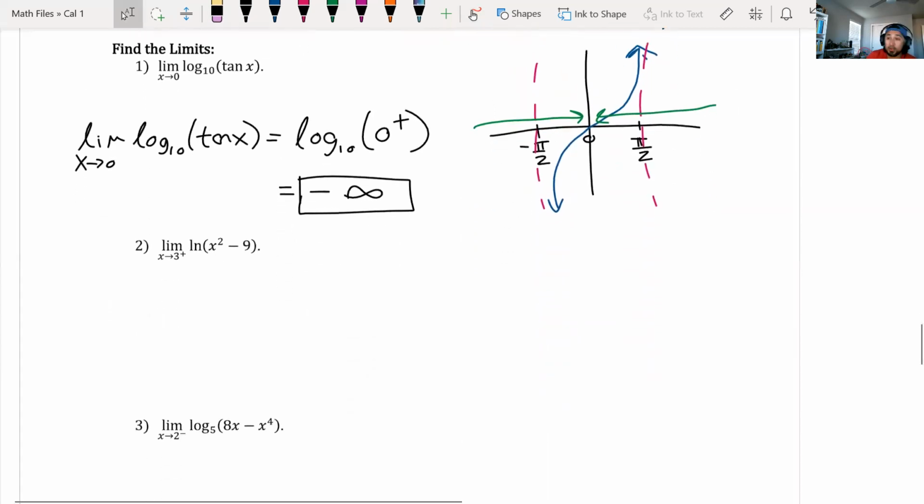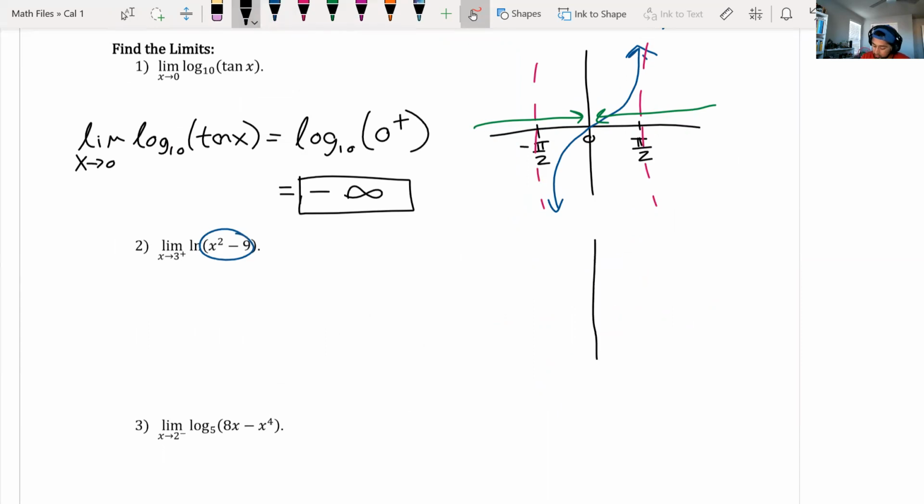Okay. 2, the natural log of x squared minus 9 as x approaches 3 from the right. So again, like the above, think of the inside function first. What is the behavior of the inside function as x is approaching a number?